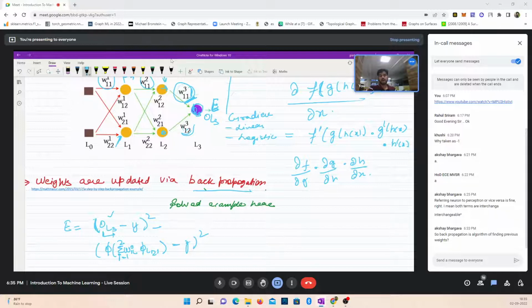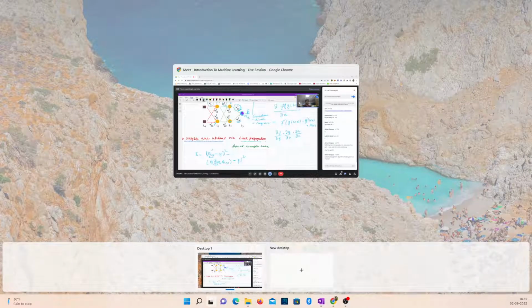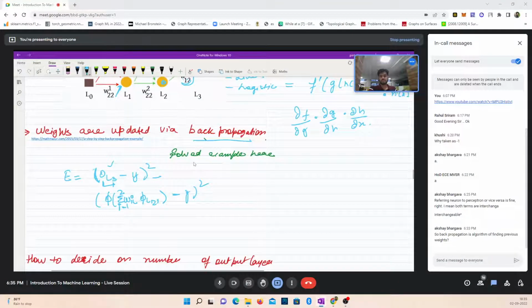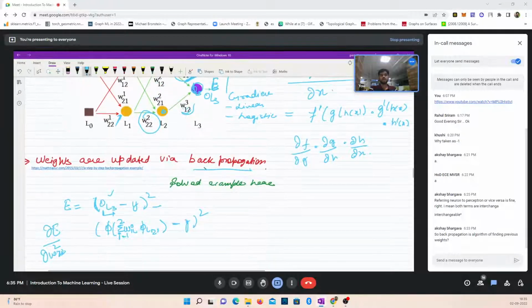If you now want to differentiate with respect to W11, you can take the partial derivative del E by del W11, or let's say W22 of 2, or with respect to W12 of 2, by differentiating partially using the chain rule.